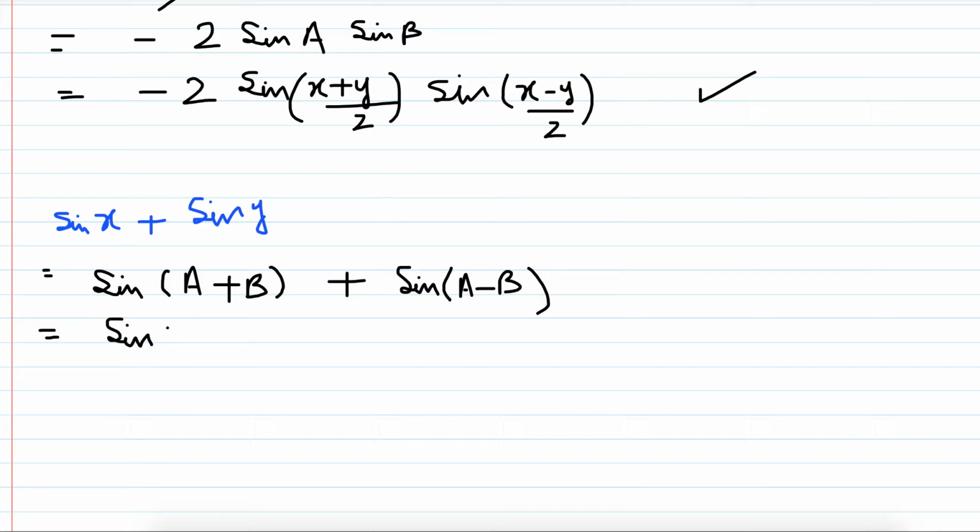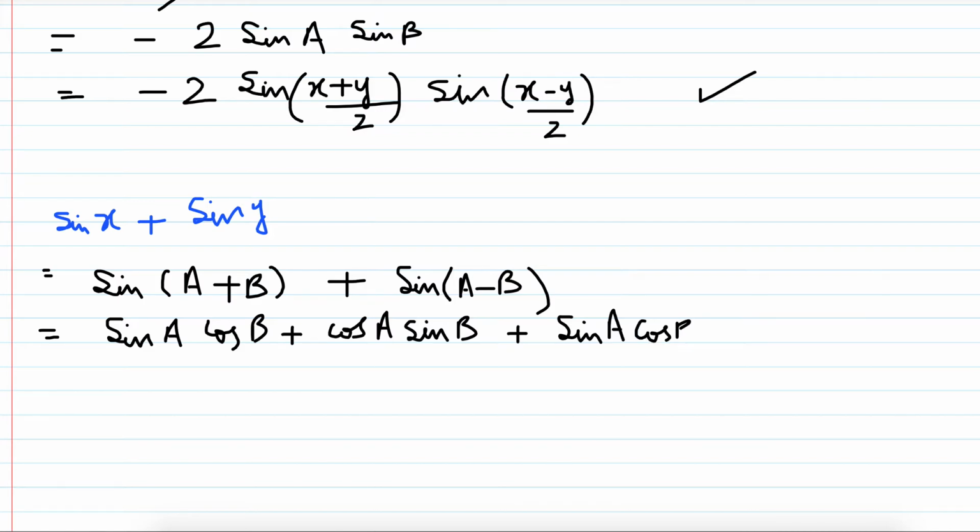Sin A plus B is sin A cos B plus cos A sin B. So this term and this term get cancelled. We get 2 sin A cos B, and then in place of A and B we can write x plus y by 2 and x minus y by 2.